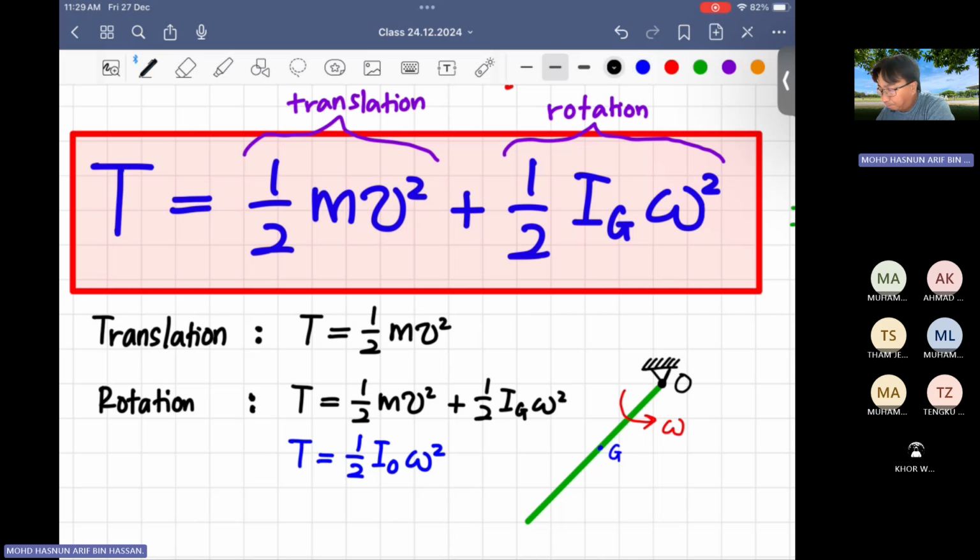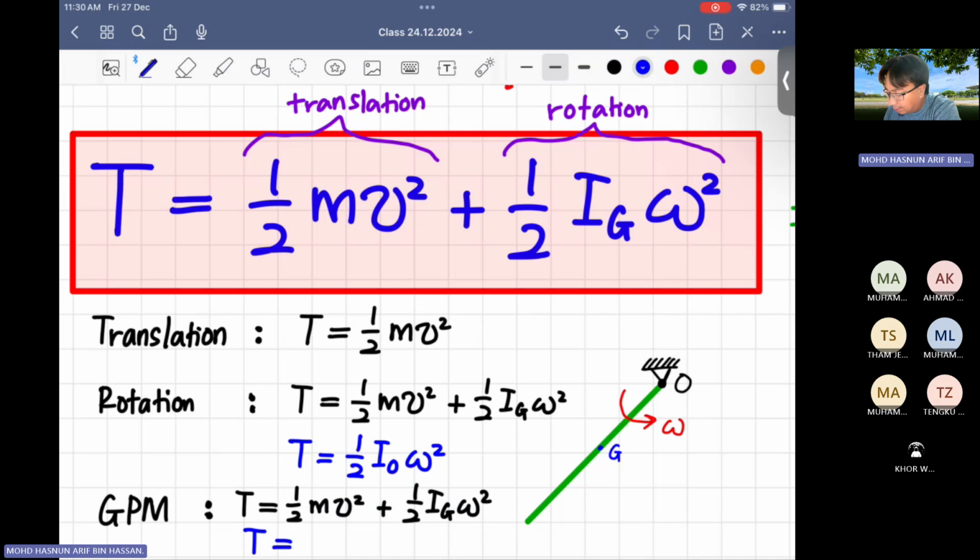That is for rotation. And for GPM, general plane motion, you have to calculate both because there are both translation and rotation: 1 over 2 mv square plus 1 over 2 Ig omega square. Also, if we know the location of IC, then we can calculate the kinetic energy for general plane motion. T is 1 over 2 times I_IC times omega square.